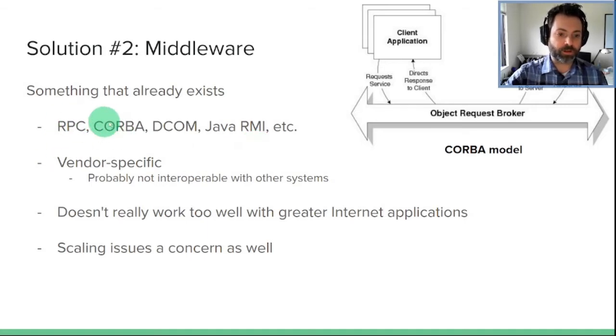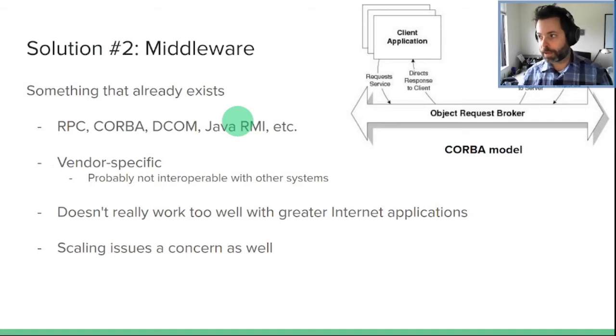So remote procedure calls, Corba, DCOM. Never played with Java RMI, but I assume it's for this kind of a setup. So basically, we're going to take some, again, middleware for handling traffic and directing it, and we're going to bake it into our applications. We're going to bring in this Corba module.